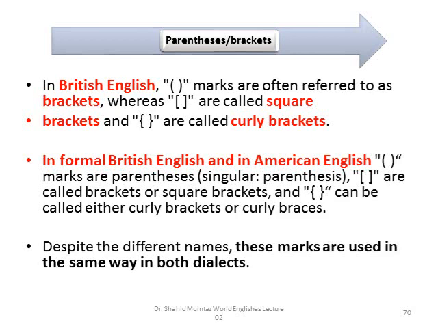There's just a spelling difference in singular and plural. And the brackets are called brackets or square brackets, and curly brackets can be called either curly brackets or curly braces. Despite the different names, the function of these marks is the same in both dialects.